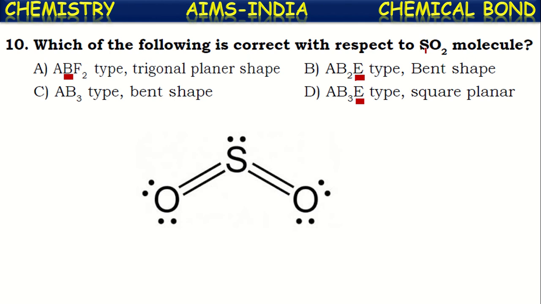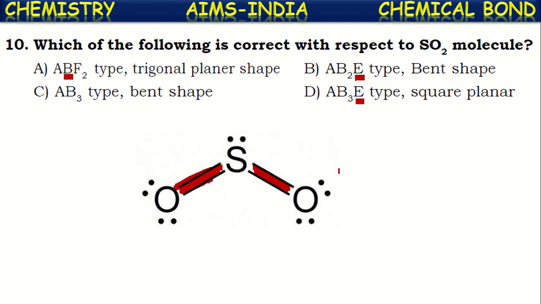While predicting the shape of the molecule according to VSEPR theory, we consider multiple bonds between two atoms as a single bond, because multiple bond formation has no effect in predicting the shape. So this can be considered as one bond pair, and this as one bond pair.